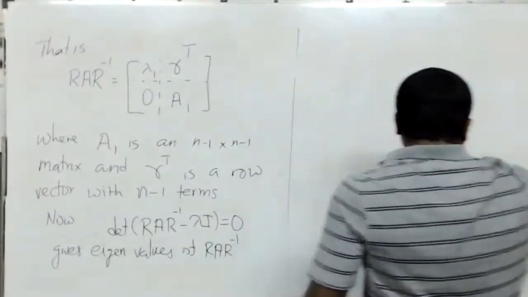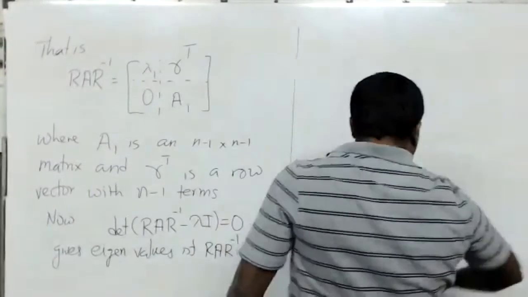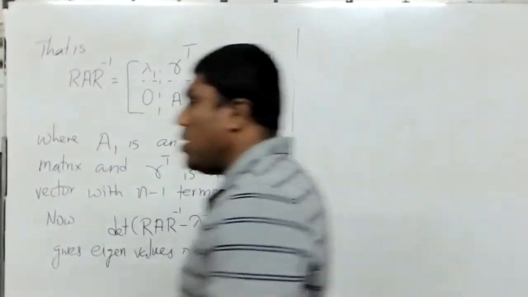Now you have a block matrix form for A. So what you have is this.